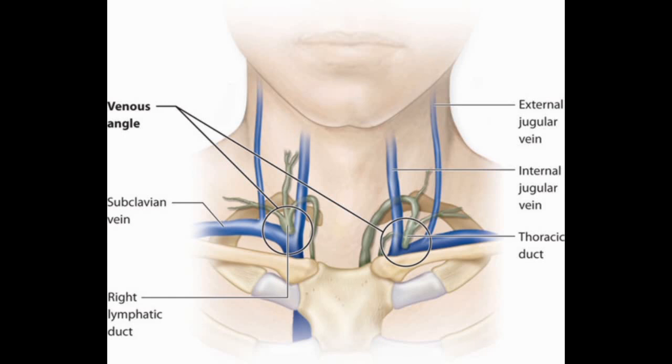The right venous angle has the right lymphatic duct, which collects lymph from the right limb and the right side of the head and neck, but the thoracic duct contains lymph from the left side of the head, the left limb, everything else apart from the right quarter. The thoracic duct is on the left venous angle, and it's an important structure because almost the entire lymph in the body drains into it.